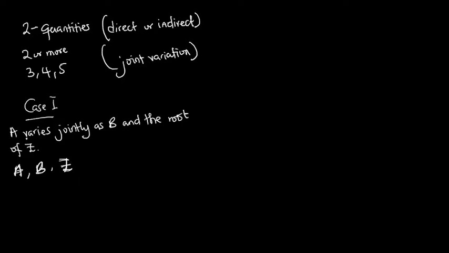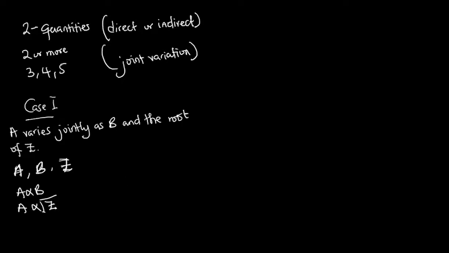Now we see that A varies jointly as B, which means it's a direct variation between A and B. So it's going to be A varies directly as B. And in the same way, A varies jointly as B and the root of Z, so it means A also varies directly as what? As the root of Z, the square root of Z.